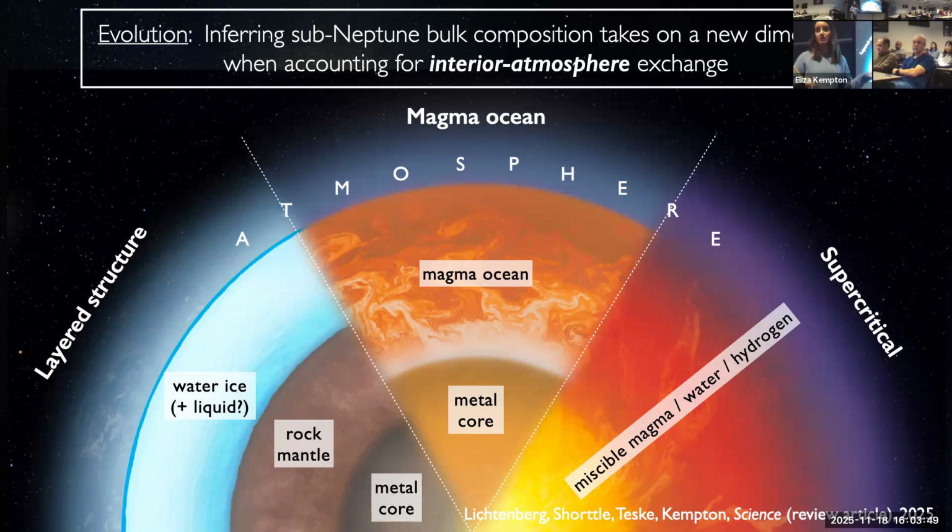Water and hydrogen become miscible at high temperatures. And the magma ocean paradigm is very interesting because it allows for ready chemical mixing between the atmospheric envelope and the interior of the planet. So now the composition of the atmosphere is governed by its chemical interactions with the interior.